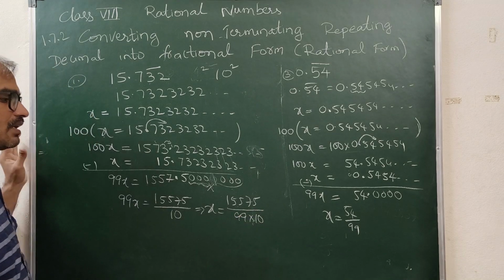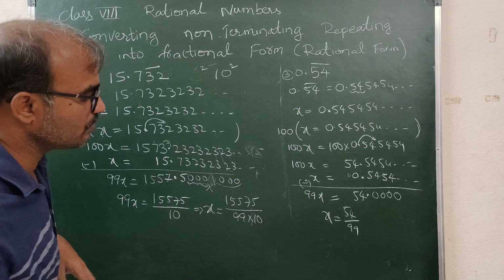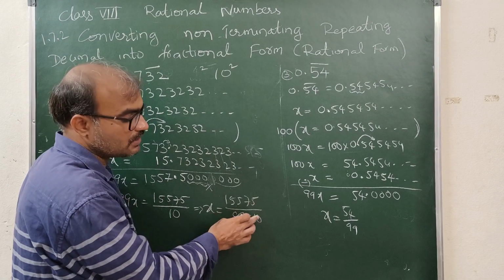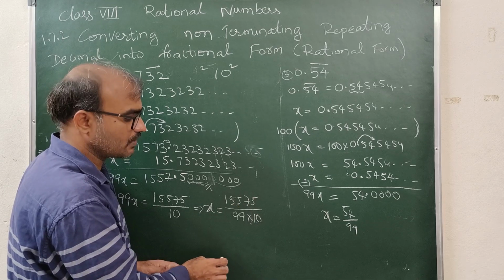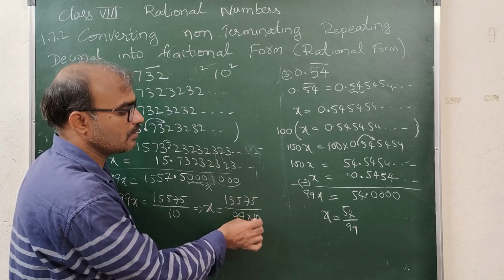Now again, if there are any common factors, we have to divide by that common factor. Here is 5 in the ones place, here is 10. So for these two numbers, 5 is a common factor. So we have to divide this by 5.